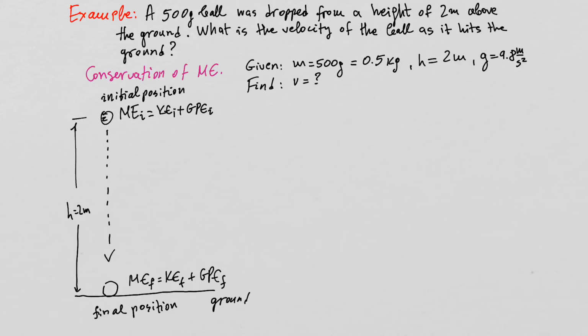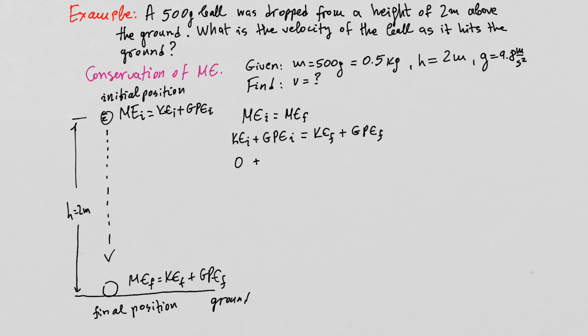And we know from the principle of conservation of mechanical energy that mechanical energy initial and mechanical energy final are equal. That means that kinetic energy initial plus gravitational potential energy initial is equal to kinetic energy final plus gravitational potential energy final. Kinetic energy initial is equal to 0 because initially the ball is at rest.